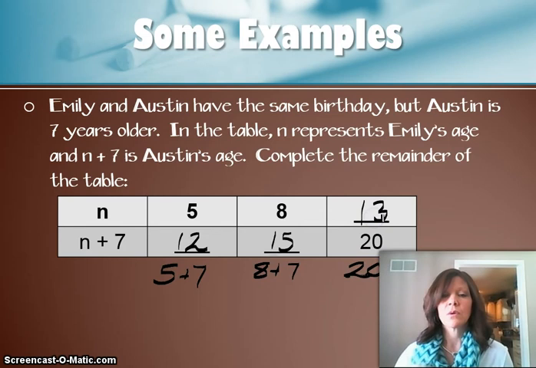So now N here represents 13. And you can check that by plugging the 13 in where the N is and thinking 13 plus 7 equals 20. You've done lots of these problems before, so it's simply taking that number, putting it in place of the variable, and then solving for the variable.